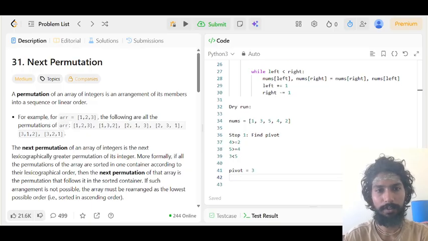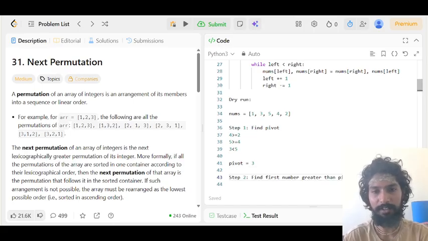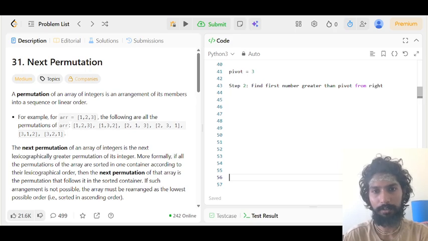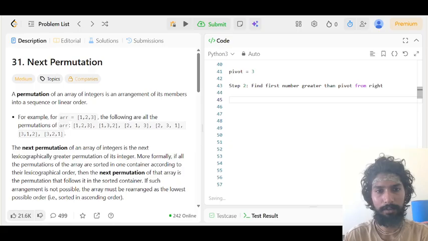Now step 2 is find the first number greater than pivot from the right. So 2 is less than or equal to 3. Then 4 is greater than 3 and 4 is the number that we want to swap with. So we will swap 3 and 4.